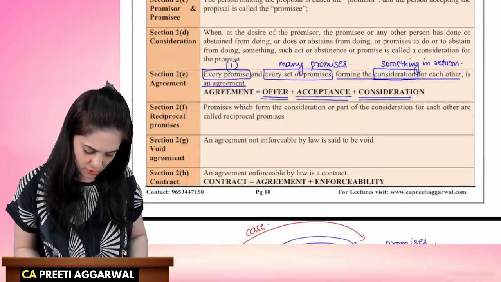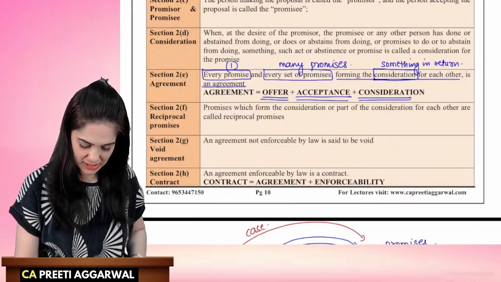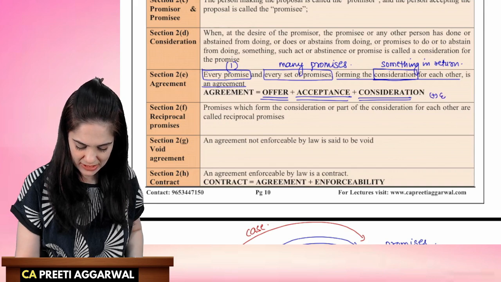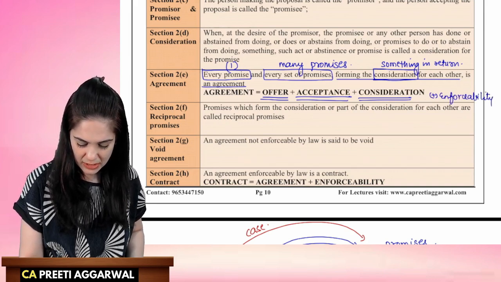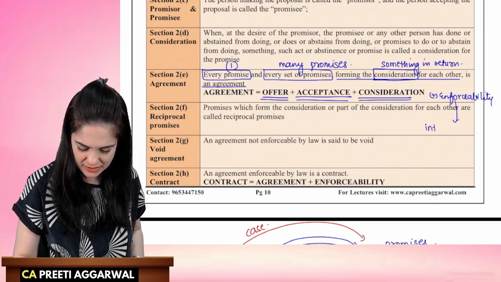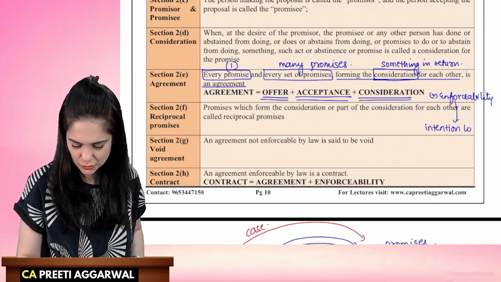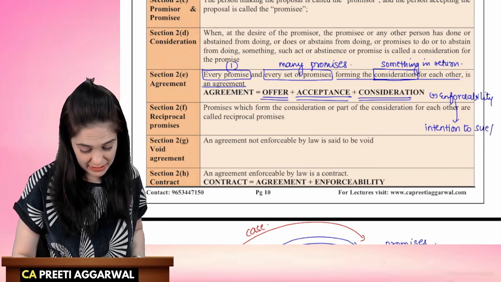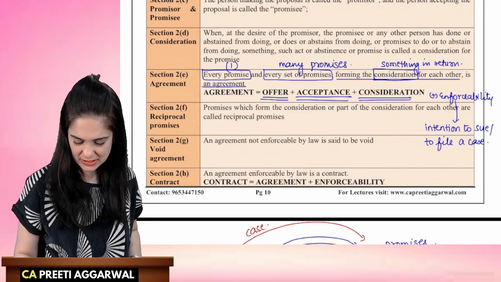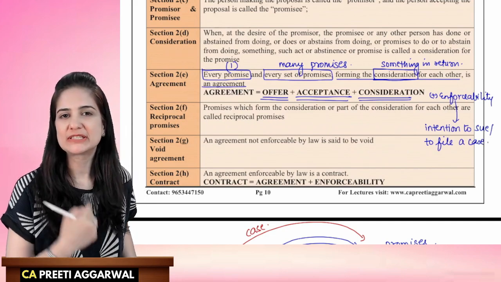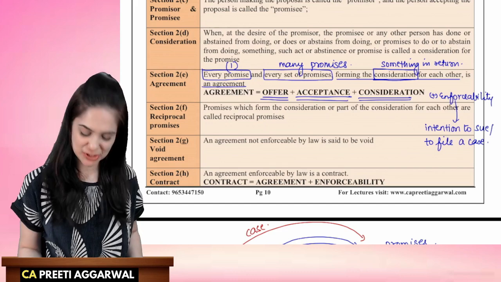So there was one more element, and that element is enforceability. Enforceability means intention to sue, intention to file a case. If one party defaults, other party can take action.